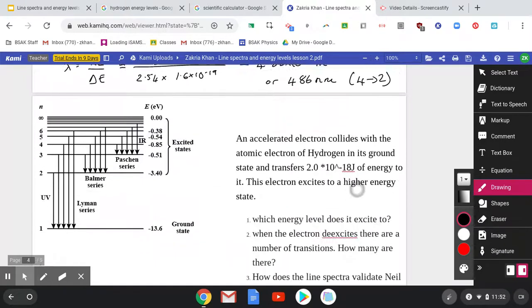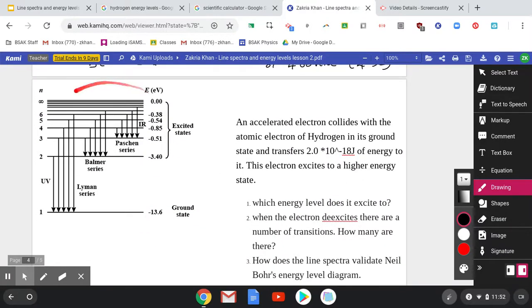So if you look at this energy level diagram here, we know from our discussion that all the transitions to level 2 give off visible light.